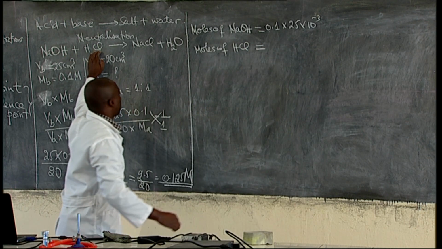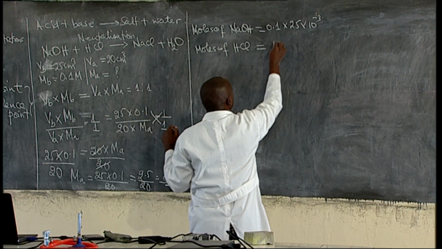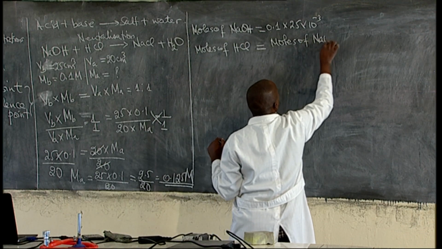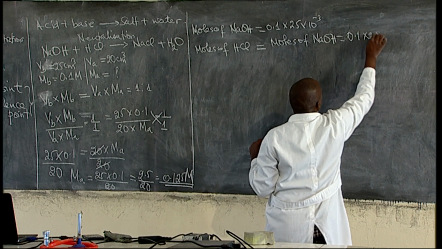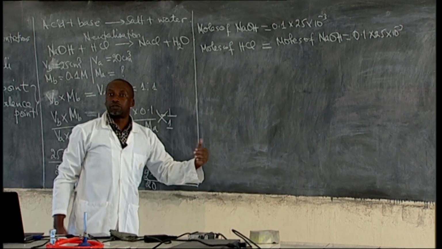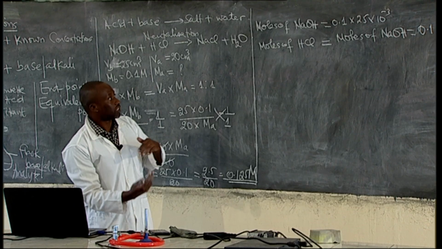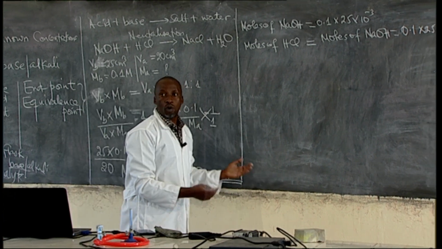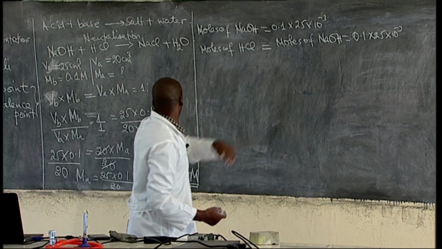From the reaction ratio, the number of moles of HCl is equal to the moles of sodium hydroxide, which is equal to 0.1 times 25 times 10 to the power negative 3. Negative 3 is the same as dividing by 1,000, and 1 over 1,000 is the same as 10 to the negative 3. So the moles of HCl is equal to that.